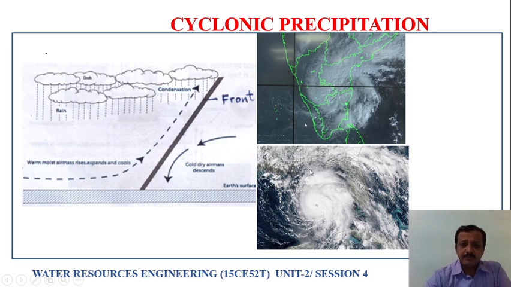Because of this air which gets accumulated at that particular point with high force, we call this cyclones. And you can also see this type of whirling motion.